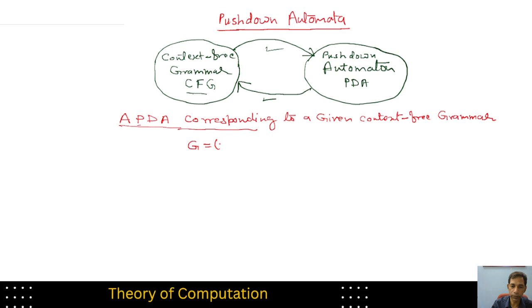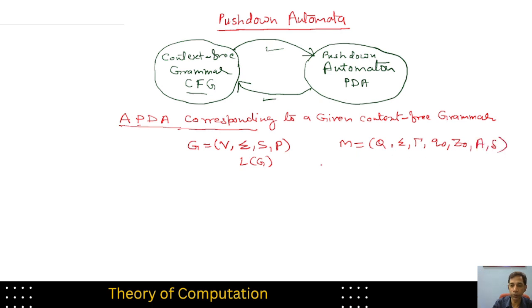We can denote the grammar by G = (V, Sigma, S, P). The language generated by this grammar is denoted by L(G), and the PDA we can denote by M = (Q, Sigma, Tau, Q0, Z0, A, delta).